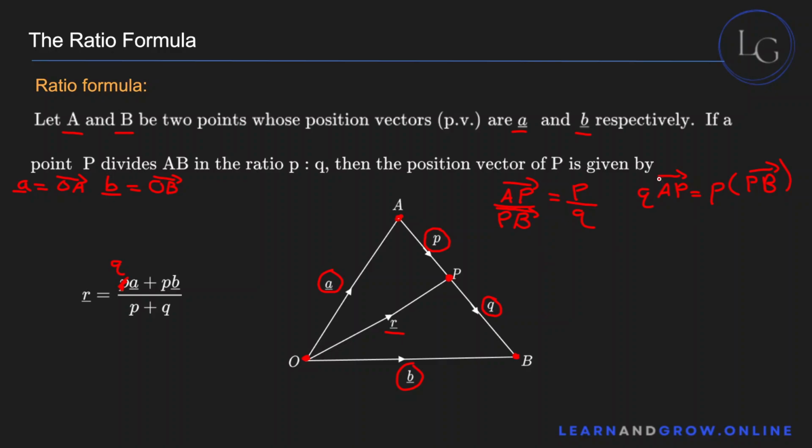We must replace this AP and PB with the known values that are given to us. So let's just see what this means. Look at this triangle over here. From this, by using the head to tail method, you can see that OA plus AP is equal to OP.